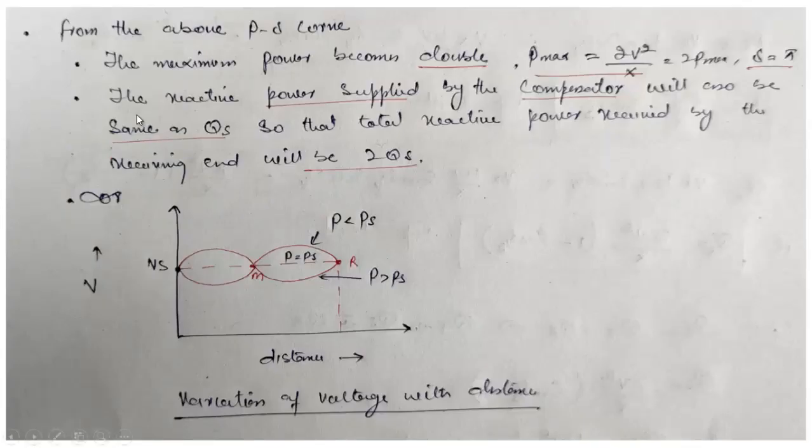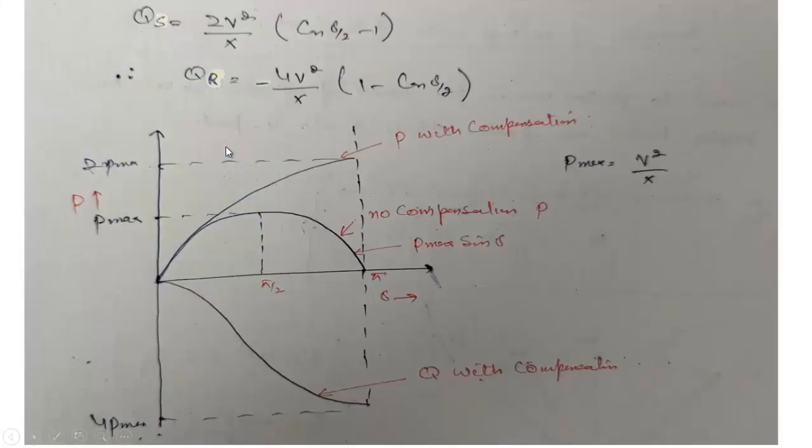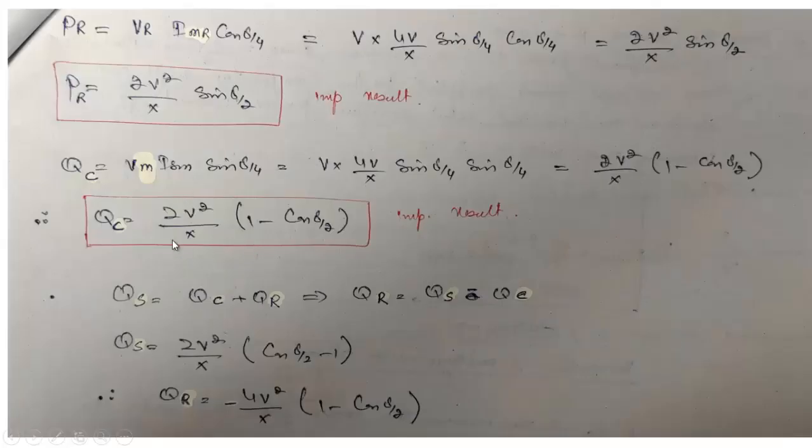From this, the maximum power becomes double, that is, P max will be equal to twice V square by x, and it occurs at delta equal to pi. The reactive power supplied by the compensator will be the same as QS, and we have seen that their magnitudes will be the same.